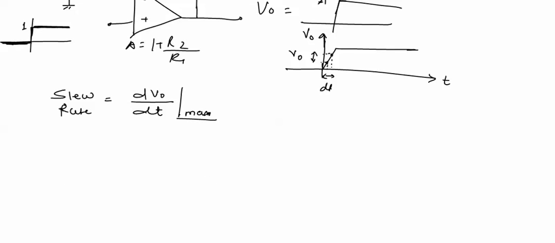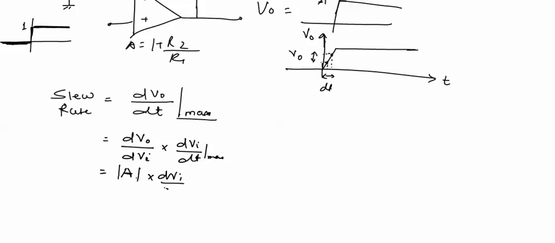Now if we make some changes in this expression, it can be written as dv0 by dvi into dvi by dt maximum. This dv0 by dvi is called the gain of the operational amplifier. We'll use only magnitude here, into dvi by dt maximum.